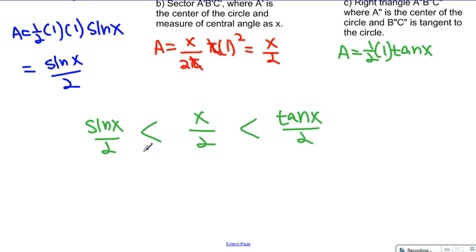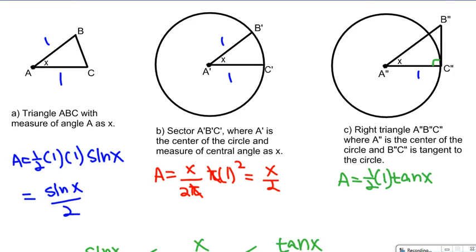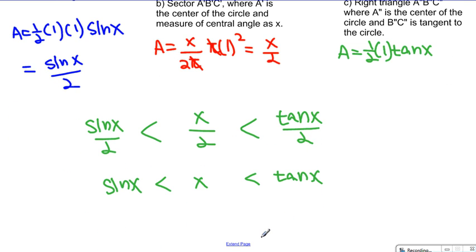Since all of them have 2 in common, if we multiply by 2 on all 3 sides, then we realize sine of x is less than x, which is less than tangent x. This is true for x greater than 0 and less than pi over 2.